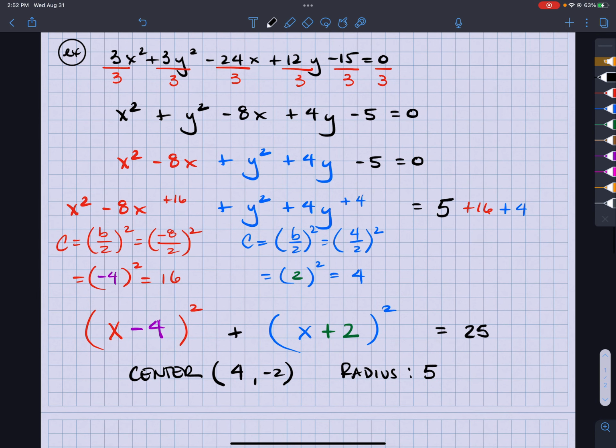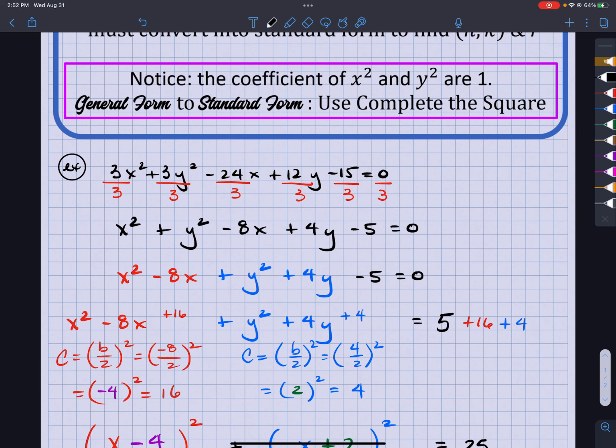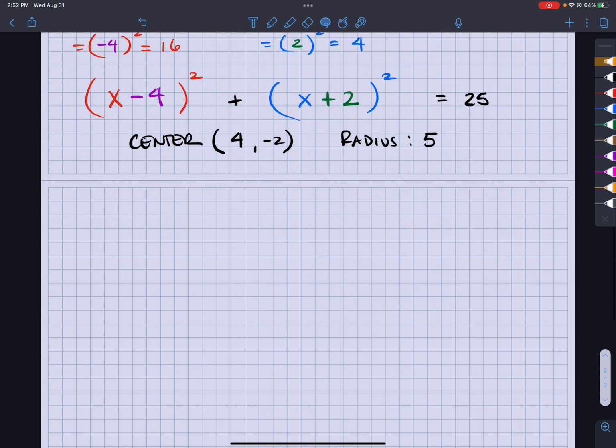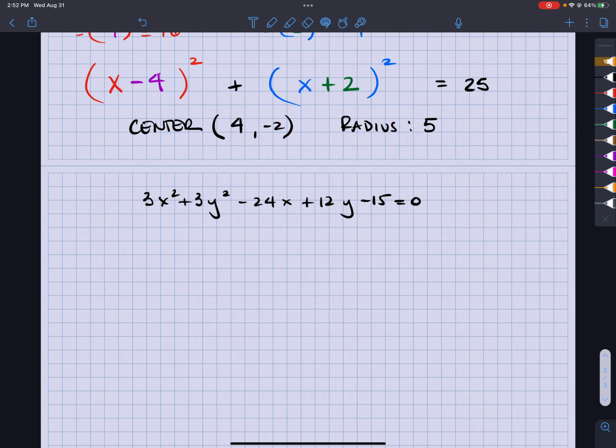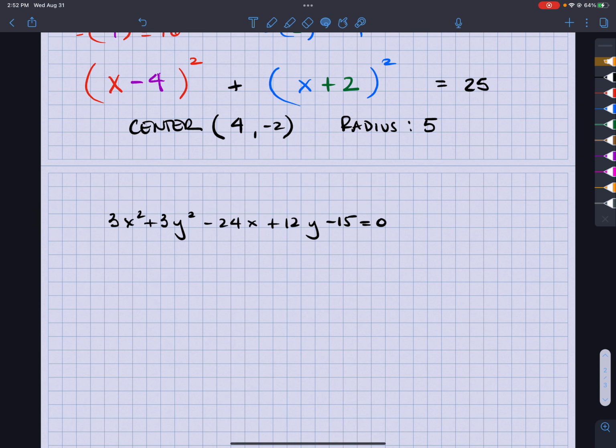Okay? So, the other question is, if they were to add another question in here, how would I find the intercepts, right? So if I was to bring back the original problem, how would I find the intercepts, right?